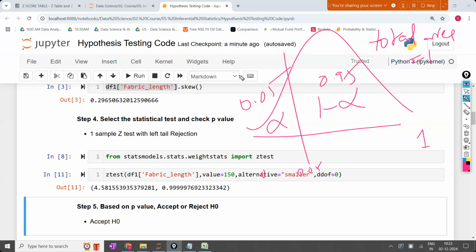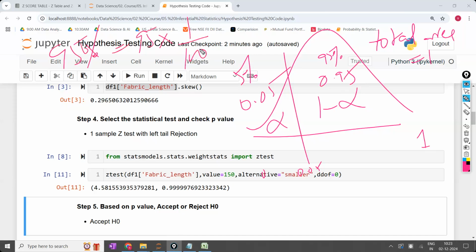Unnecessarily, don't get confused with the 5%, 95%. This is percentage. Value wise it is 0.05, 0.95. Percentage wise it is 95%. Percent means 95 into the percentage symbol, which is 1 by 100.